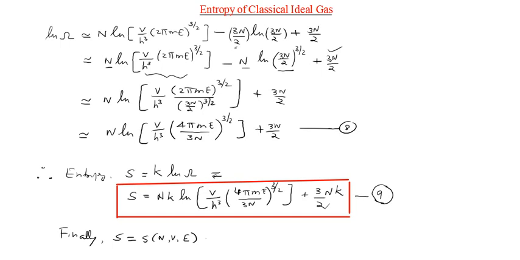So this gives you the expression for the entropy of a classical ideal gas derived statistically from the multiplicity.